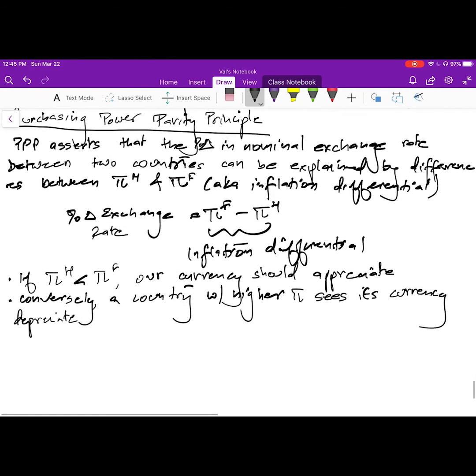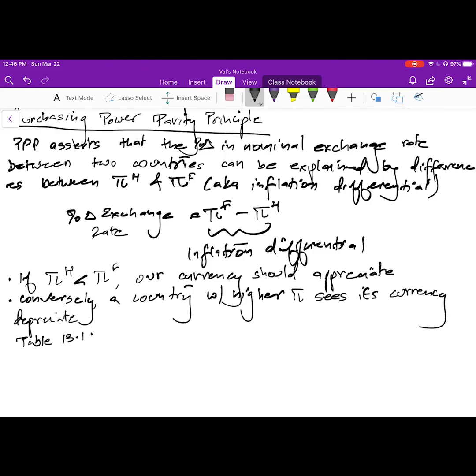So let's see if we could actually prove that a country with higher inflation should see its currency depreciate. I'm going to use a textbook example, which is in table 13.1.